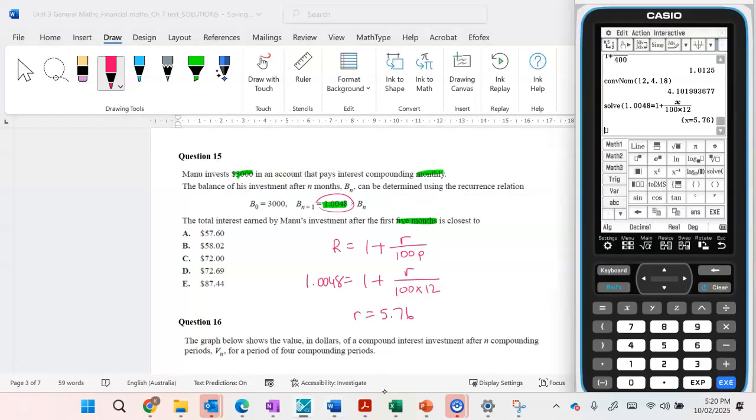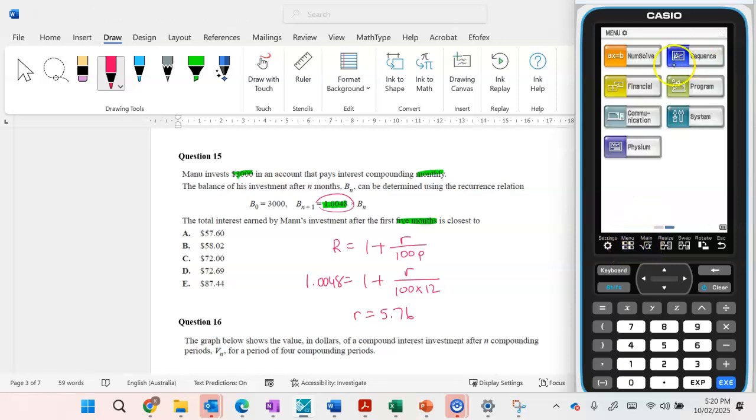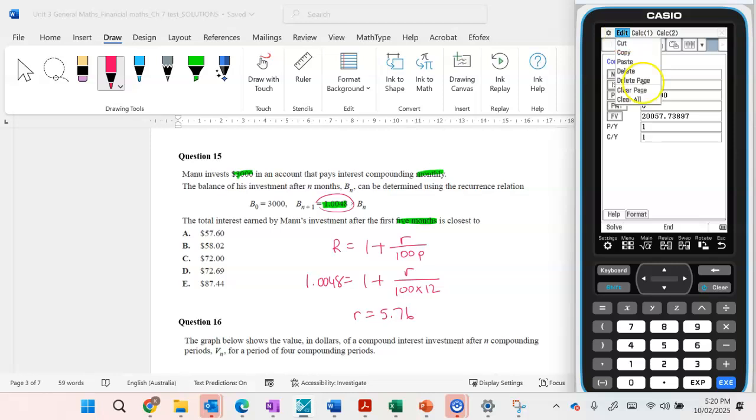Now we can use Financial Solver. All right, and we're going to clear everything from there. We've got 5 months, so N is going to be 5. The interest rate is 5.76. The principal value, it is an investment, so we've got to put it in as negative 3,000. Payments, not making any payments.